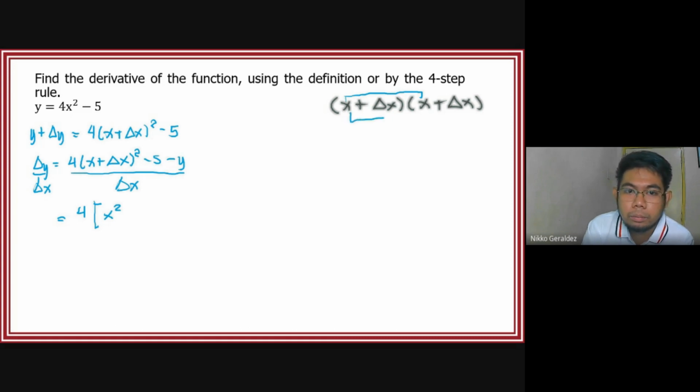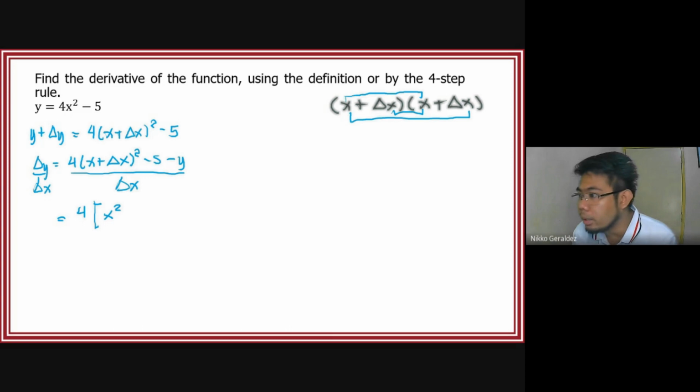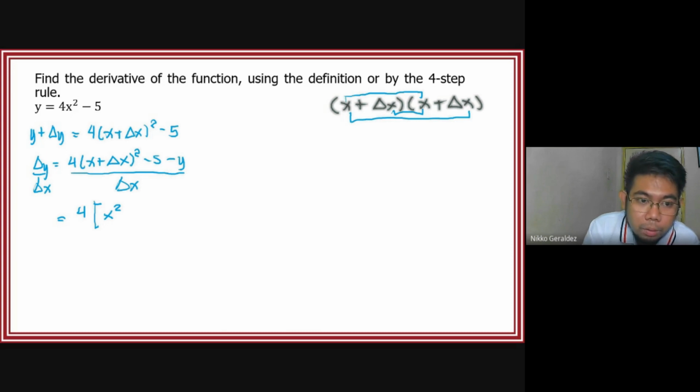Then outer terms, that is x times delta x. Next, inner terms, x times delta x. Those are the same, so that is x times delta x plus x times delta x, which is positive 2x times delta x.